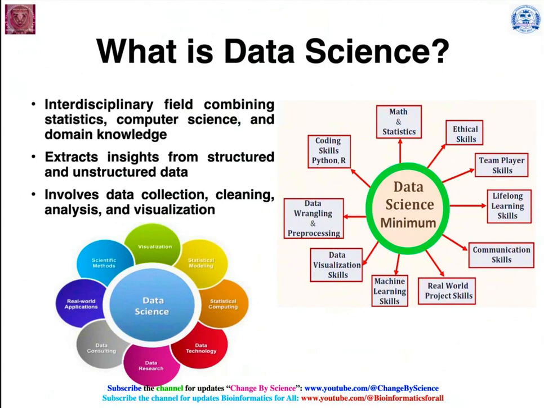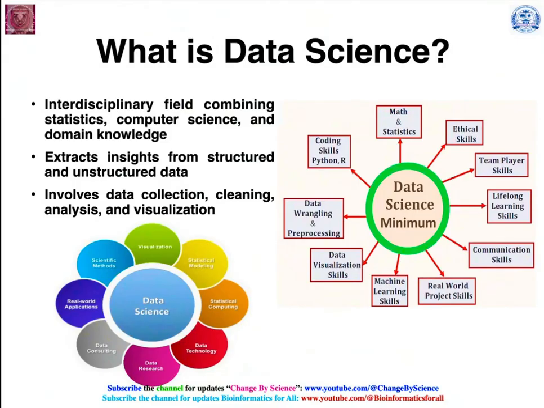These figures are showing the minimum requirements for data science. For example, you need mathematics, statistics, ethical skills, team player skills, lifelong learning skills, communication skills, real world project skills, machine learning skills, data visualization skills, data wrangling and pre-processing, and coding skills.